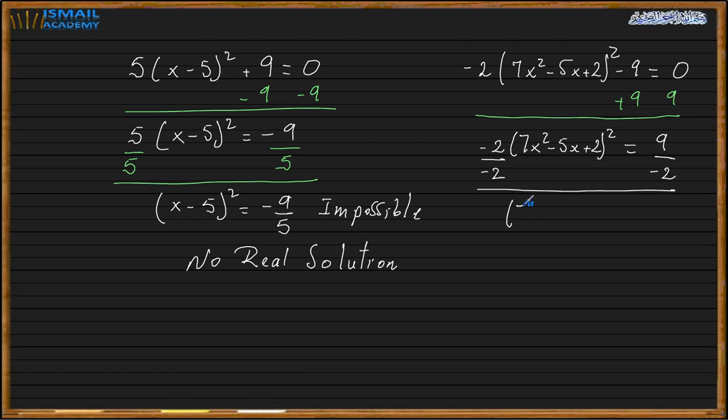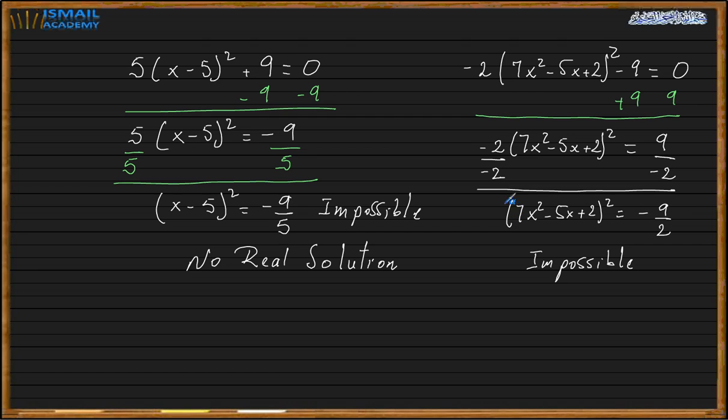Then I will end up having (7x squared minus 5x plus 2) squared equals minus 9 over 2. You see, we have something squared equal to a negative number, which is impossible. So this is impossible, regardless of what's inside of that square.